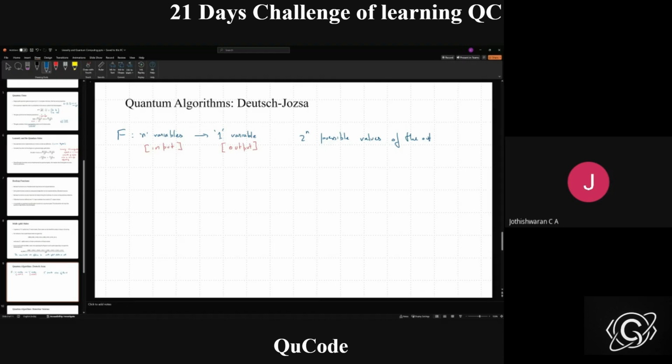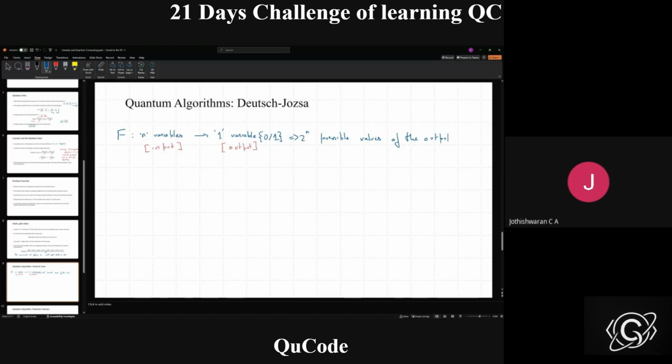So essentially, this quantity here is also going to be 0 or 1. Essentially, for each n-bit string input, I can get either a 0 or a 1.